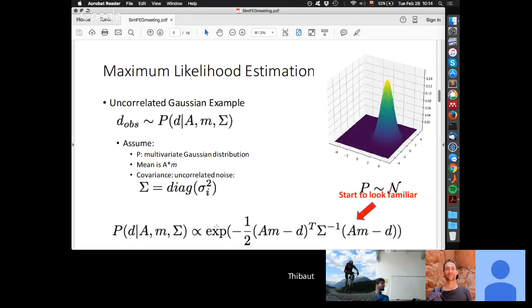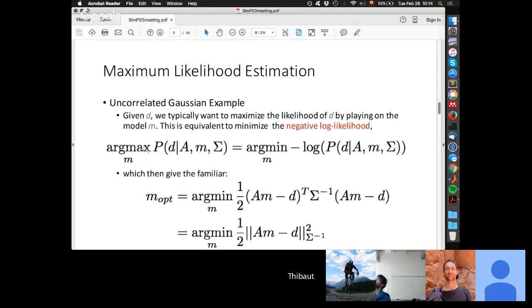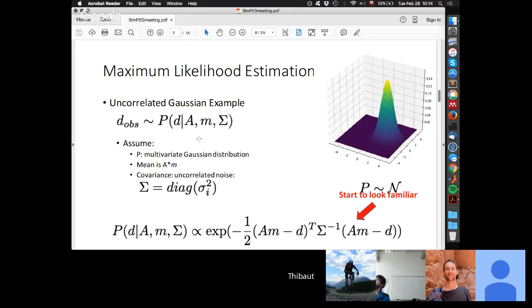I choose to take the log because it's convenient in that case. If your function is nice and you want to maximize it, why not? For a Gaussian and for many distributions, it's really nice to take the log of the exponential.